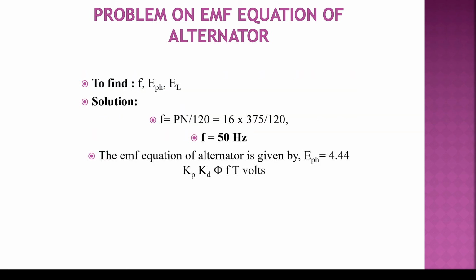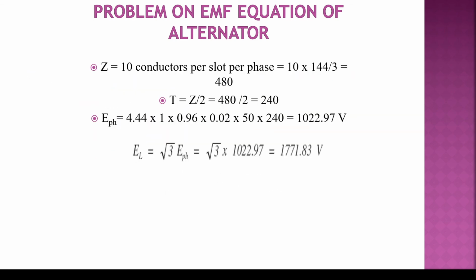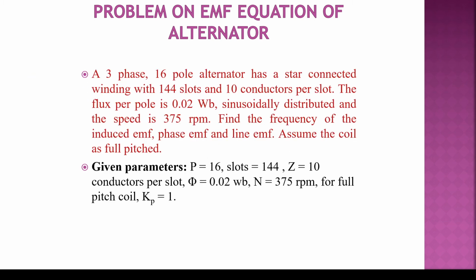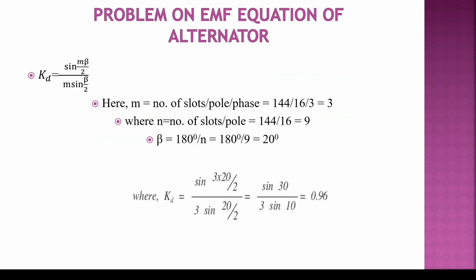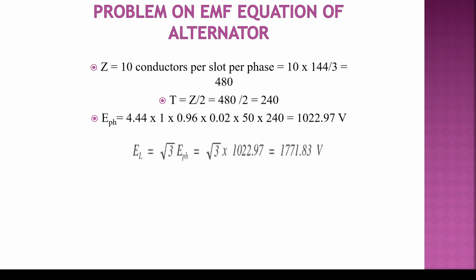And f is how much? 50. So 0.02 into 50 into T, T is how much? 240. So 4.44 Kp Kd phi f T is the EMF equation for alternator. Substitute all the values. We got the value as 1022.97 volts.